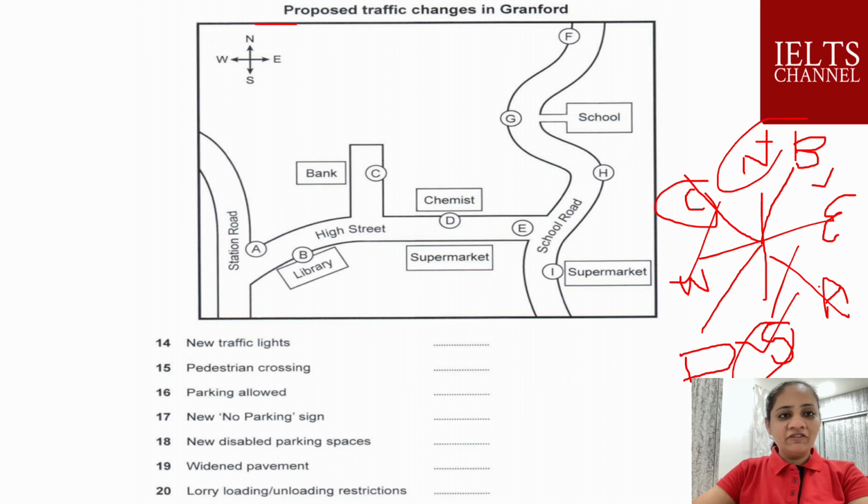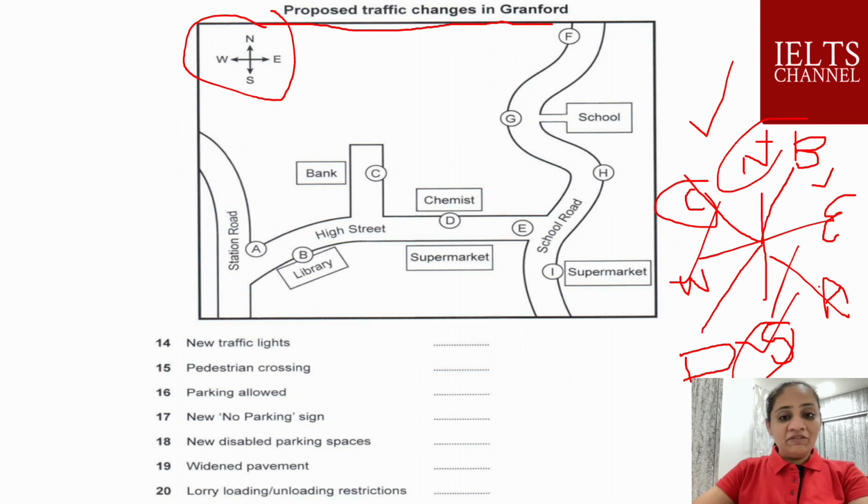The topic of the map is proposed traffic changes in Granford city. So they have also given this direction map that we have just discussed right now. If in the exam the direction map is not given, you have to draw this map for yourself, and keep in mind that with the help of this you can find the directions.